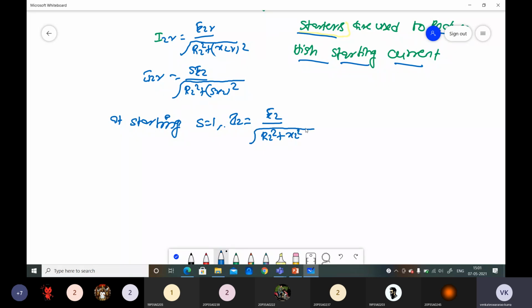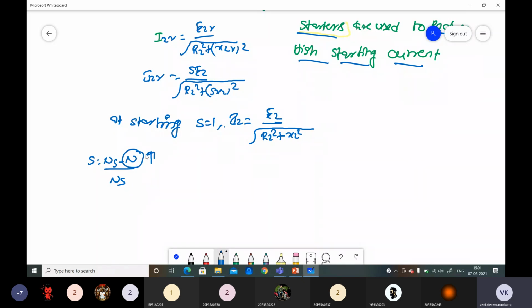Under running condition, suppose the machine is loaded, then the slip value changes. Under running condition, S equal to (ns minus n) by ns.